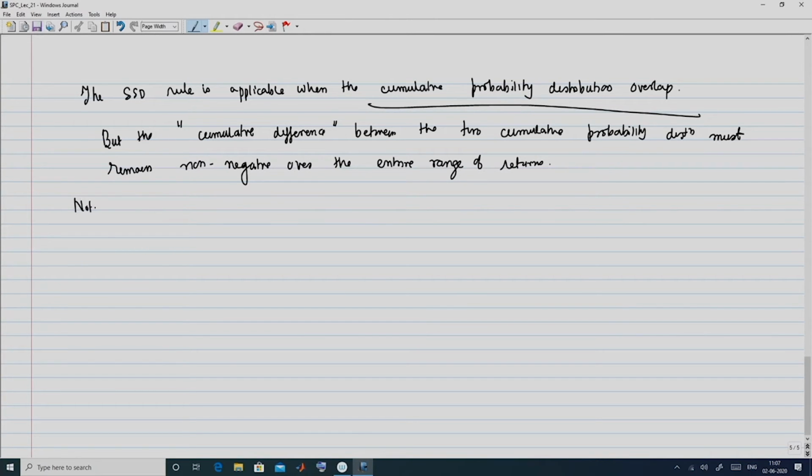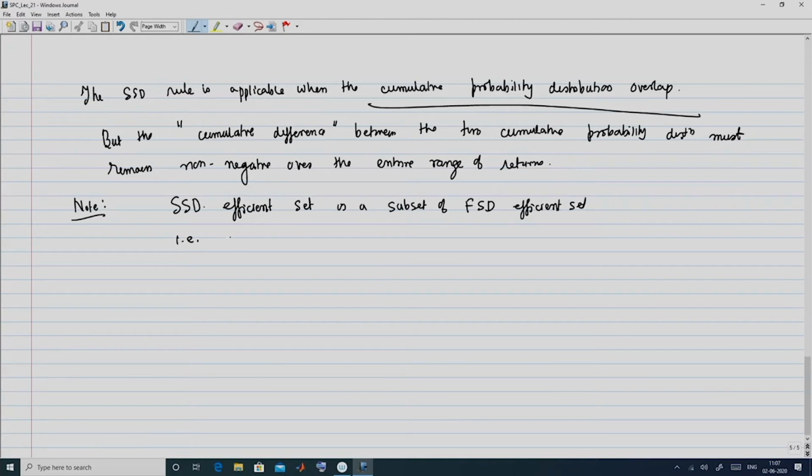Okay, so now that we have the setup for SSD completely in place, we can make a comparative analysis in terms of the efficient set. It is observed that the SSD efficient set is a subset of the FSD efficient set.